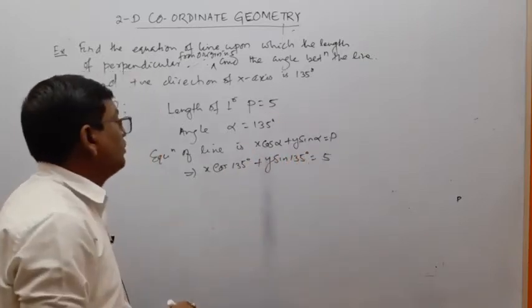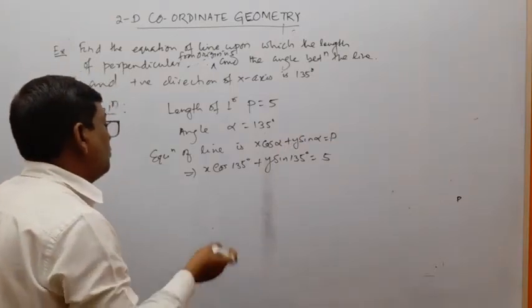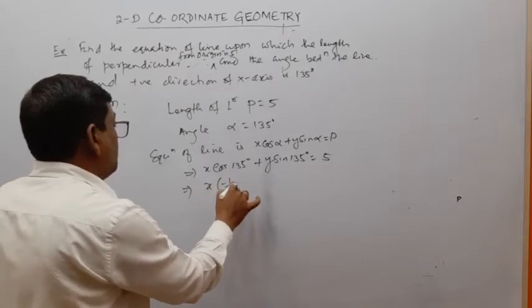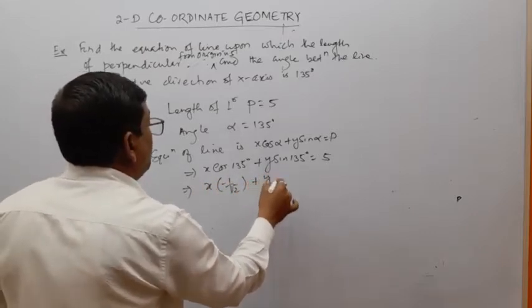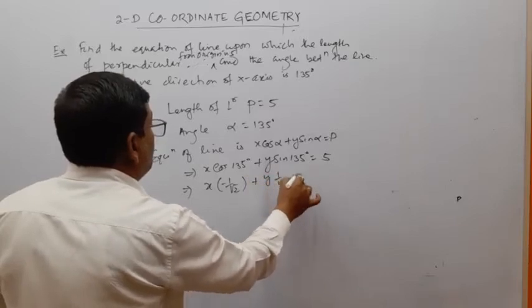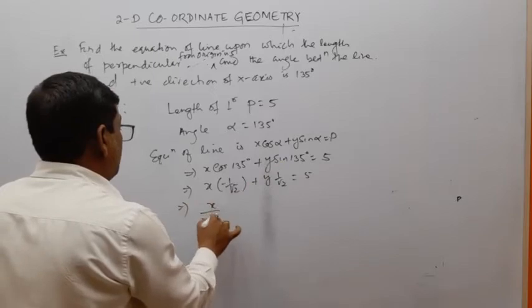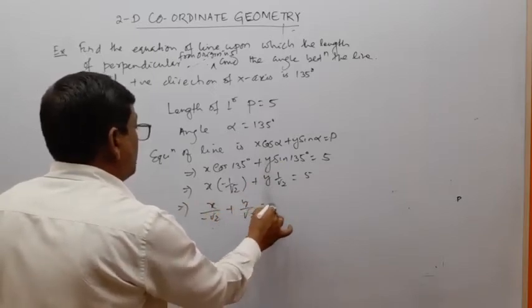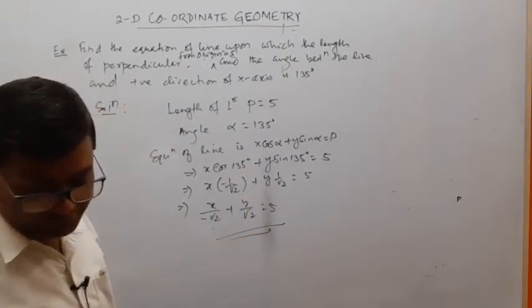Now cos 135 is minus 1 by root 2, so x into minus 1 by root 2 plus y into sin 135, that is 1 by root 2, is equal to 5. So this is minus x by root 2 plus y by root 2 is equal to 5. This is the answer.